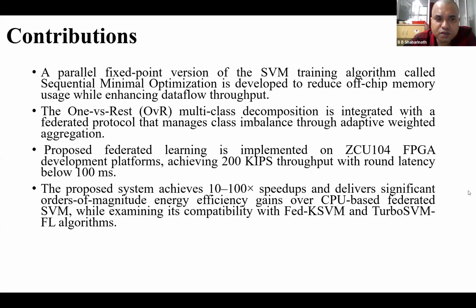Second, OVR multi-class decomposition is integrated with a federated protocol that manages class imbalance through adaptive weighted aggregation. The proposed federated learning is implemented on the Jetson U104 FPGA development platform, achieving 200 kilo iterations per second throughput with a round latency of about 100 milliseconds. The proposed system achieves almost 100x speedups and delivers orders of magnitude of energy efficiency gains over CPU-based federated SVM, while examining its compatibility with FedK-SVM and Turbo-SVM-FL algorithms.